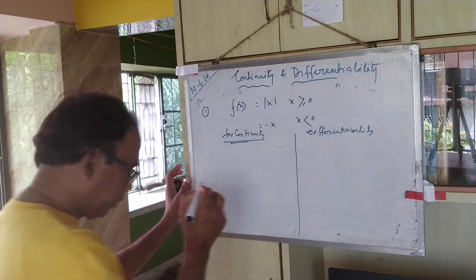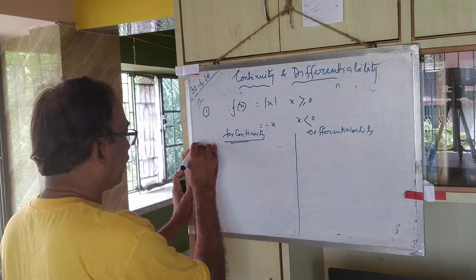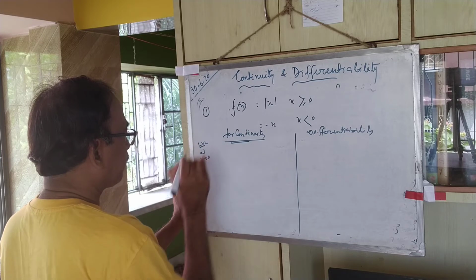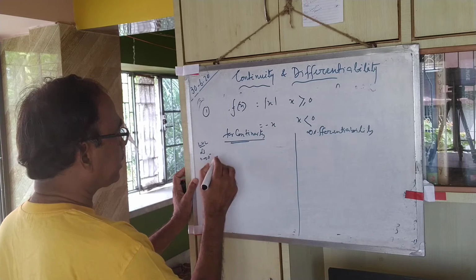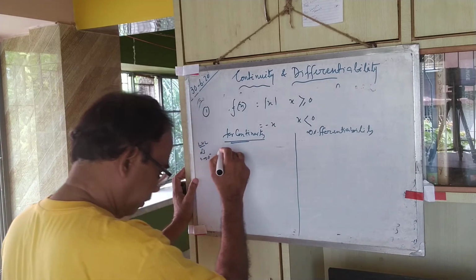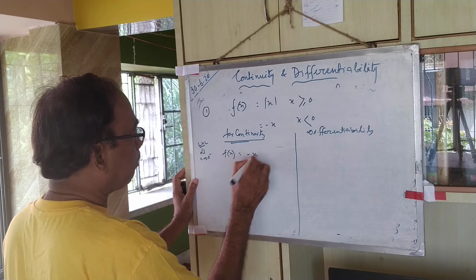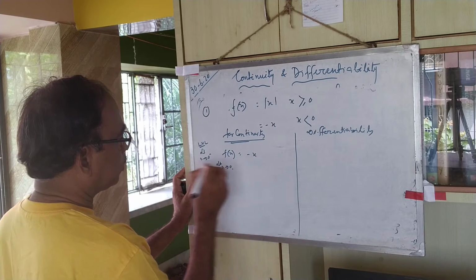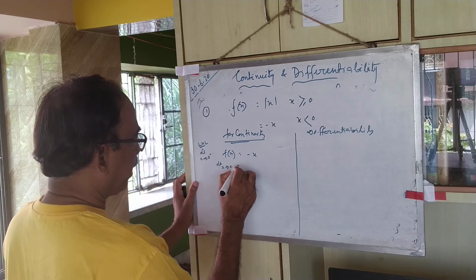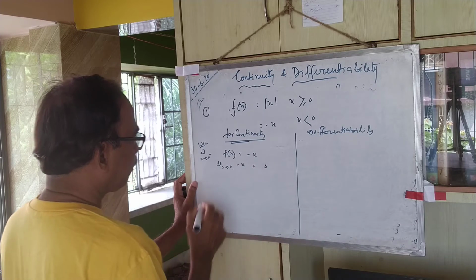For continuity, the left hand limit, x tends to 0 negative, f(x) equals minus x, so the limit as x tends to 0 of minus x equals 0.